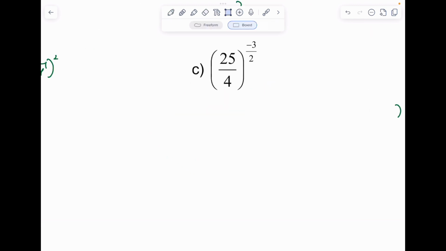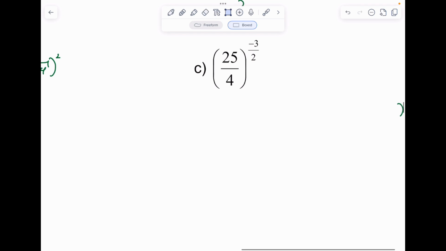Okay, 25 over 4 to the power of negative 3 over 2. So let us see. Well, I'm going to deal with my negative first here, okay? So that negative tells me take my fraction here and flip it. So now it becomes 4 over 25 to the power of, and again, all you did was get rid of this negative.